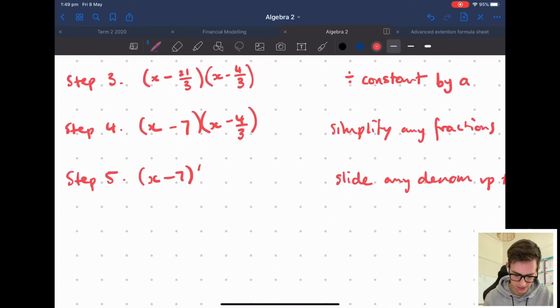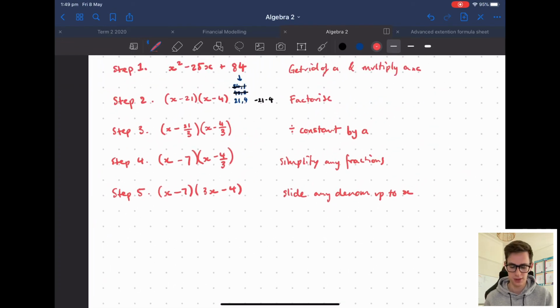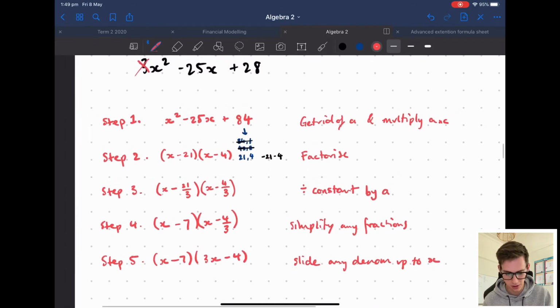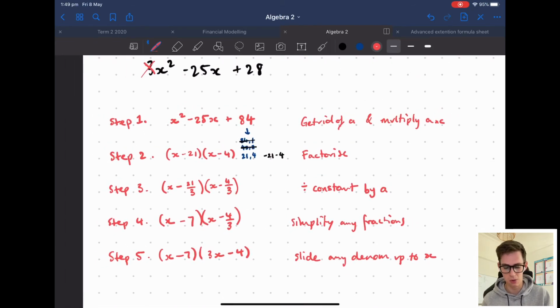So what that means is, this one's fine because there was no denominator, but here, this denominator of 3 is going to slide up to that x, and it's going to be 3x minus 4. And that's done. That is the factorized version of a non-monic quadratic.